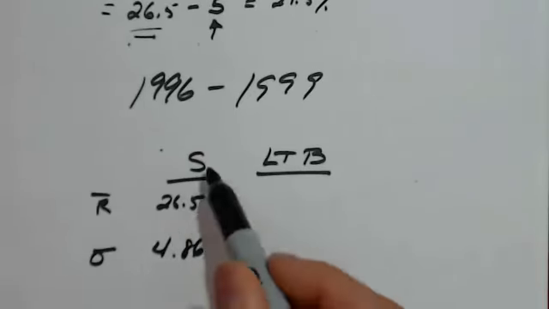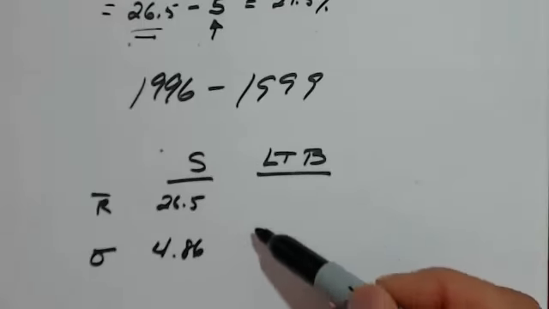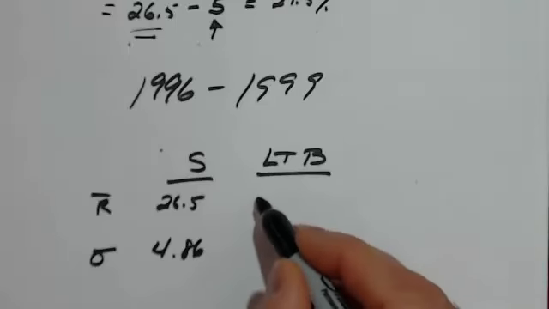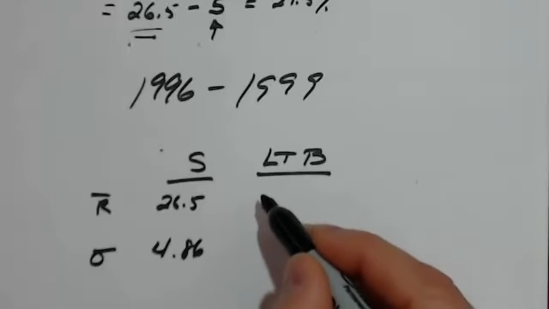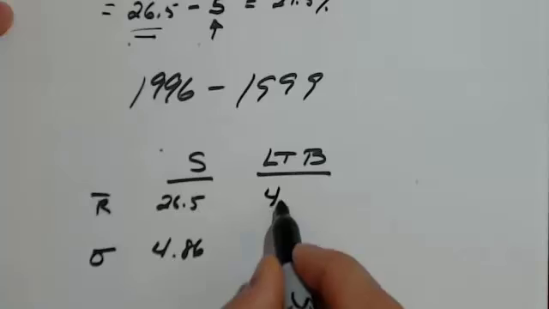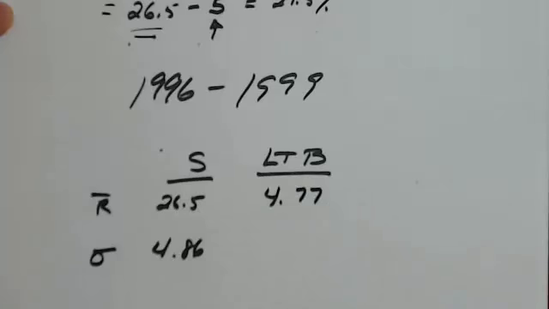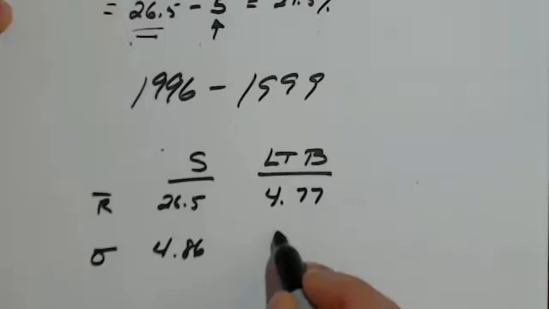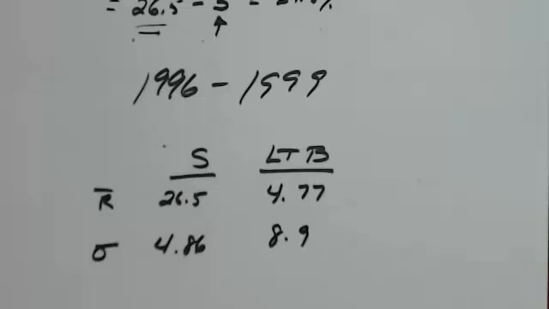Okay, so we just calculated that. If you did the same calculation, calculate the average return for long-term bonds, you would get a 4.77% average return with a volatility measure of 8.9%.